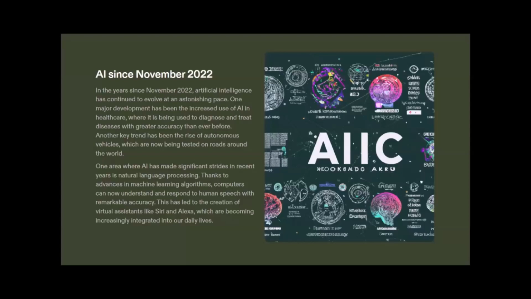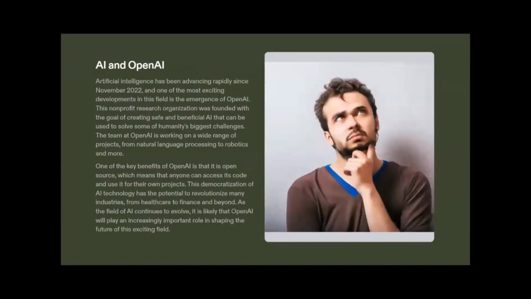One area where AI has made significant strides in recent years is natural language processing. Thanks to advances in machine learning algorithms, computers can now understand and respond to human speech with remarkable accuracy. This has led to the creation of virtual assistants like Siri and Alexa, which are becoming increasingly integrated into our daily lives.